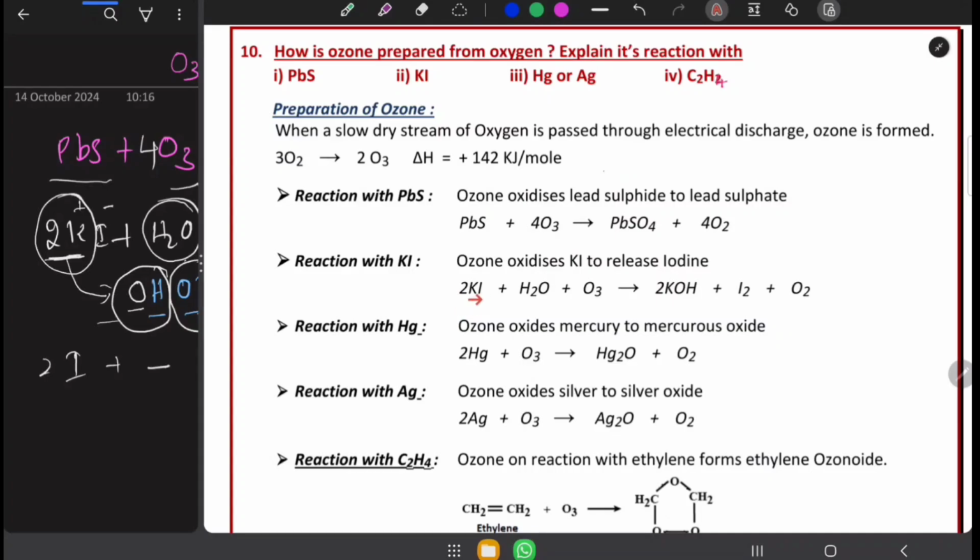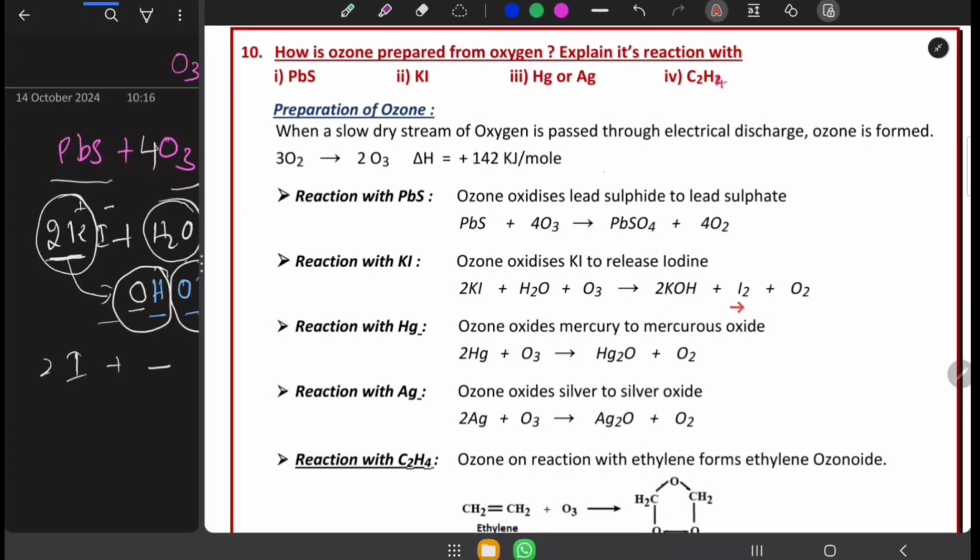Ozone lost one oxygen, or gave one oxygen to H2O, so it becomes O2. So ozone oxidizes potassium iodide to release iodine. Ozone oxidizes potassium iodide to iodine.